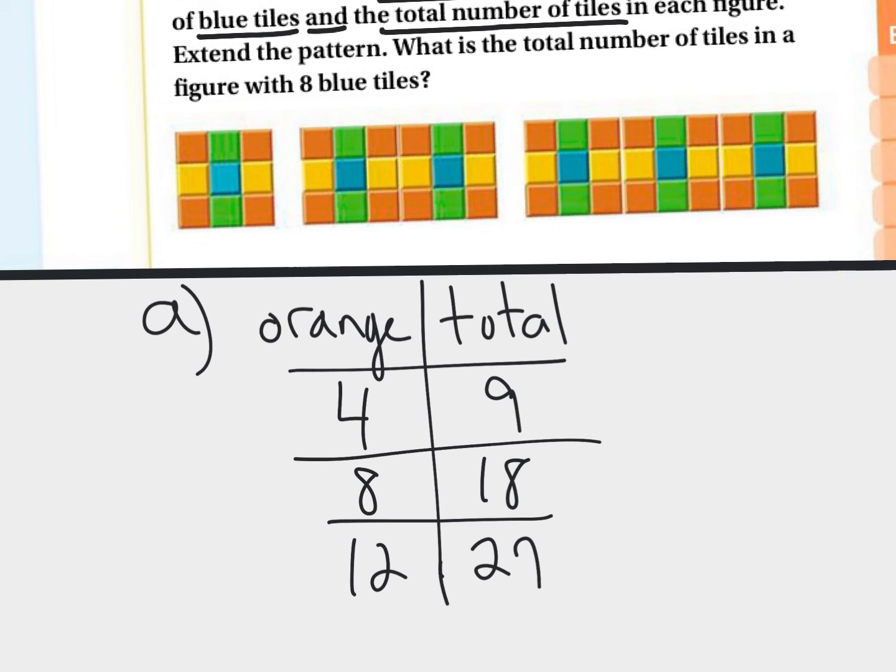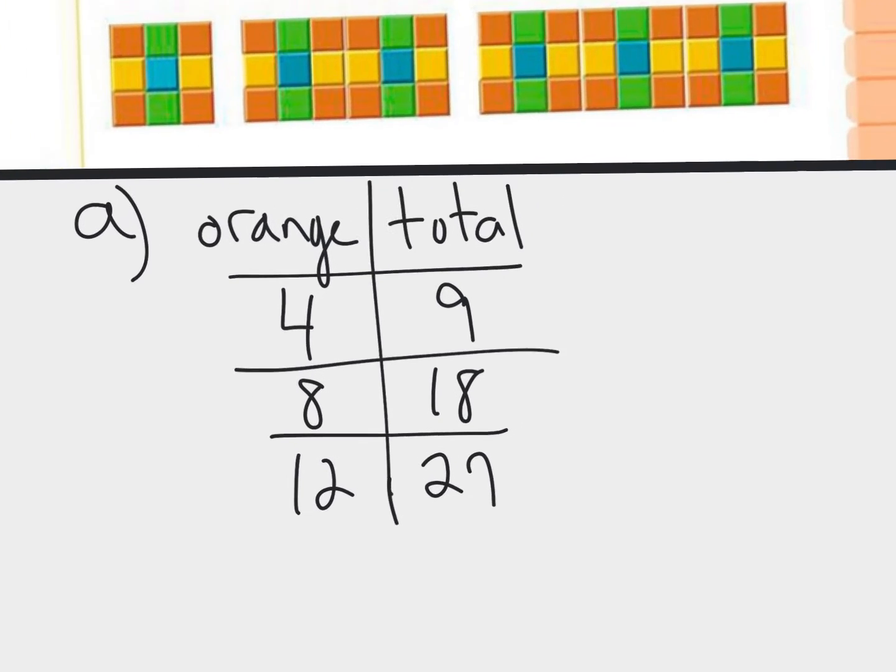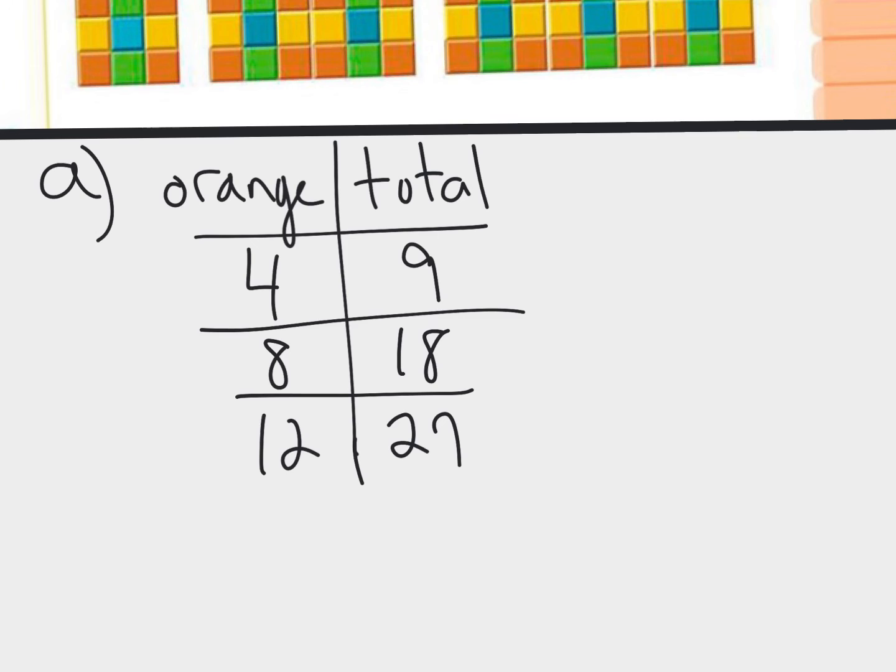Another way we could do this is we could figure out a pattern. Now this one, the pattern's not quite as simple as some of the others that we've looked at. So you might look at this and you might say, well, it's getting bigger. The question is, how is it getting bigger? So you could say, well, maybe they're adding.